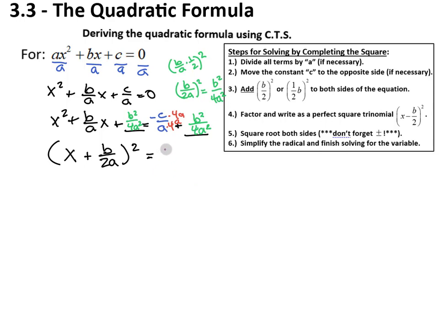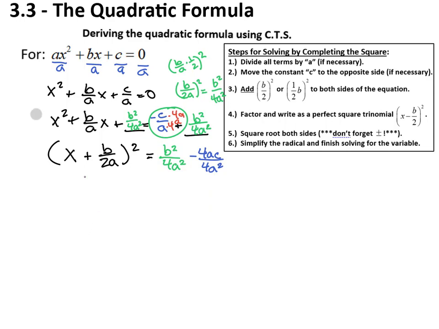Now, just to change the order to make this look like the quadratic formula, I'm also going to write the b squared over 4a squared first, and then we're going to write this new one next to it. So we're going to write minus 4a times c, just keeping that alphabetical, over our common denominator, which would now be 4a squared.